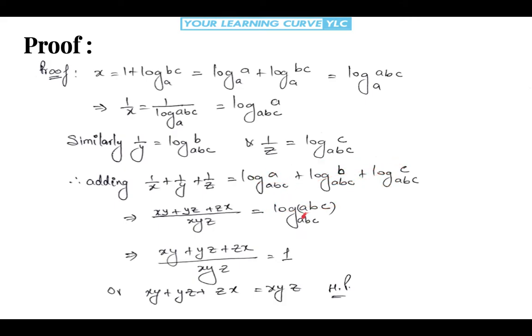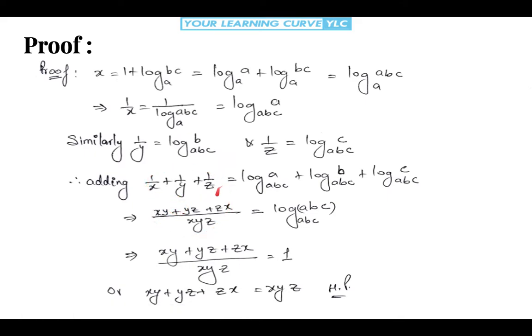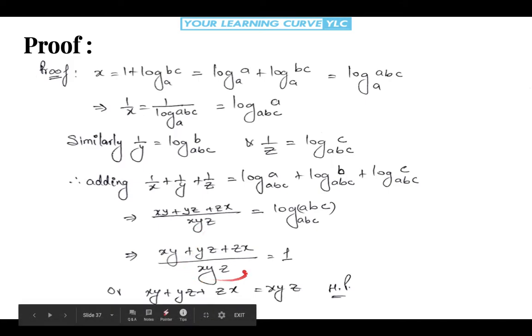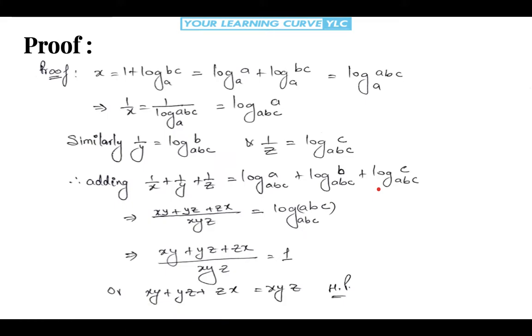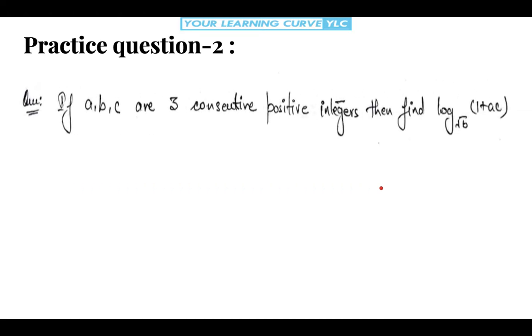So log abc to the base abc, this is nothing but 1. We get, and taking LCM on the LHS, we get xy plus yz plus zx upon xyz. This xyz goes to the RHS, we get xy plus yz plus zx is equal to xyz, which we were required to prove. Let's do one more question.